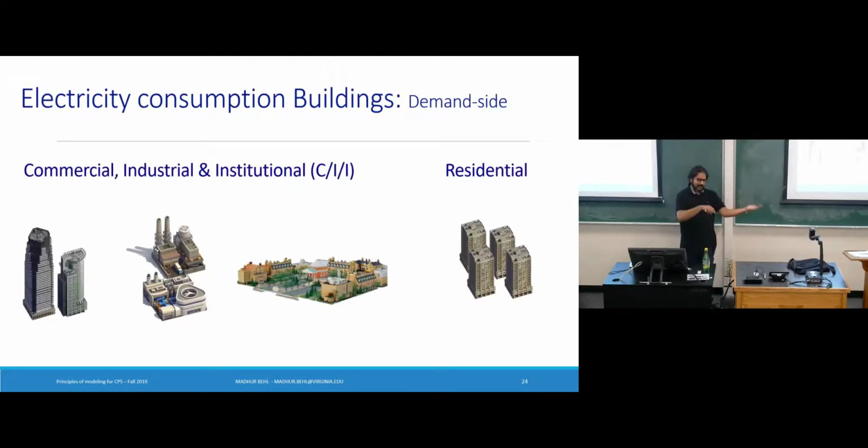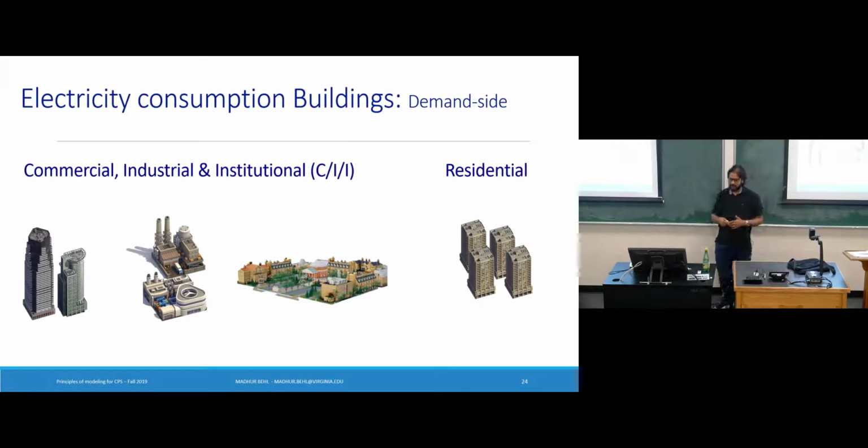On the demand side, why are we generating all this electricity? Because we have to satisfy some electric load. There are different kinds of entities which consume electricity. Roughly speaking, you can think of the demand side having the following key consumers. In utility groups and discussions in the community, you hear this term CII very commonly. CII stands for commercial, industrial, and institutional buildings.